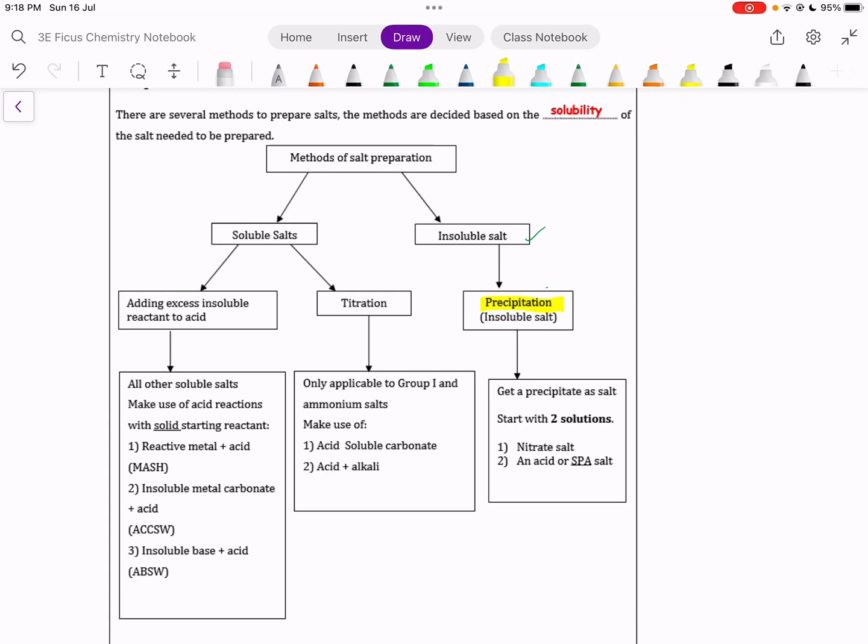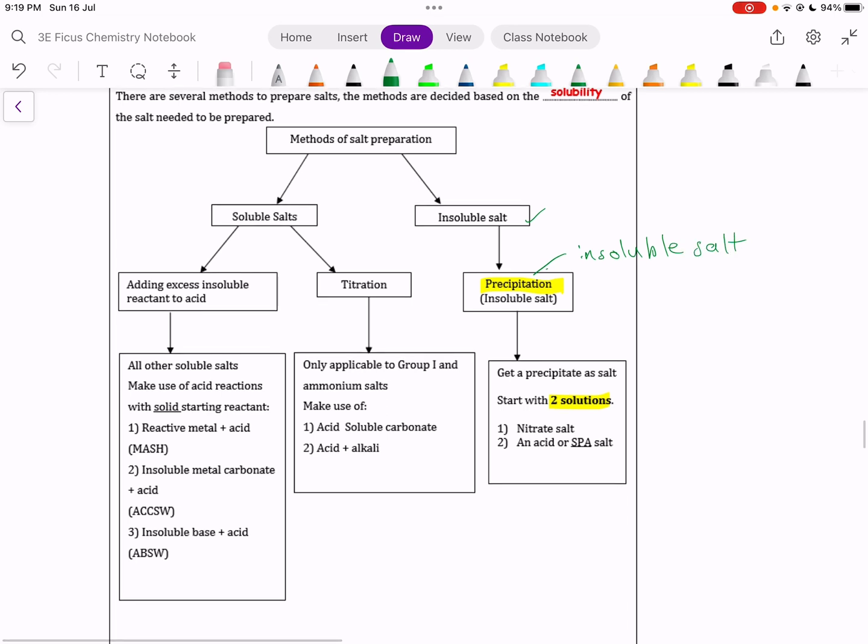The key idea here is you are going to start with two solutions. Precipitate is a term not used to describe raining, it is something that we use to describe an insoluble salt. So you start with two solutions.